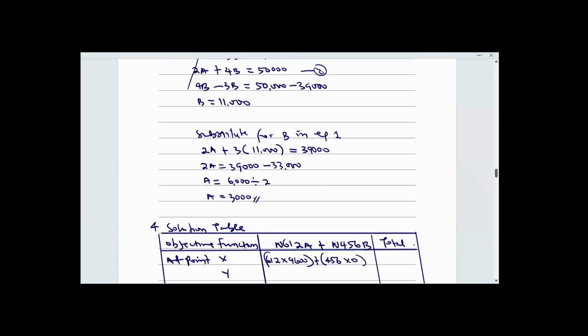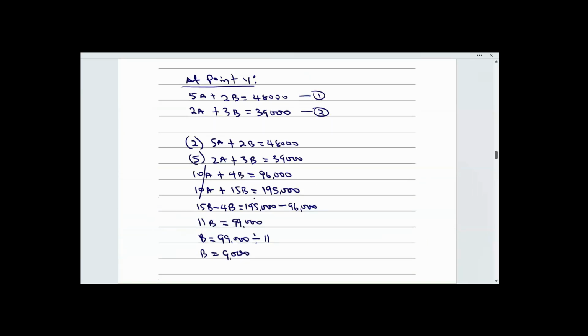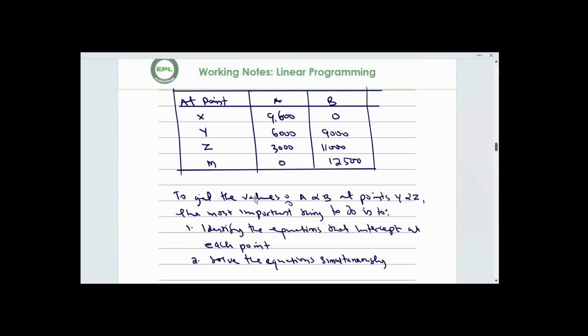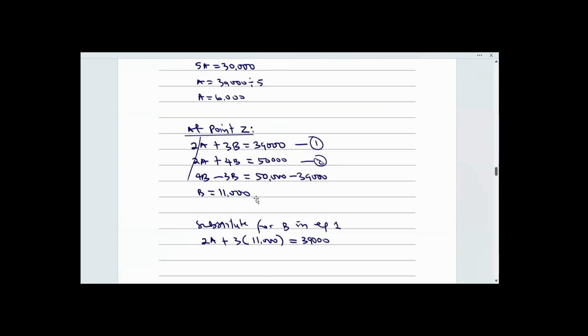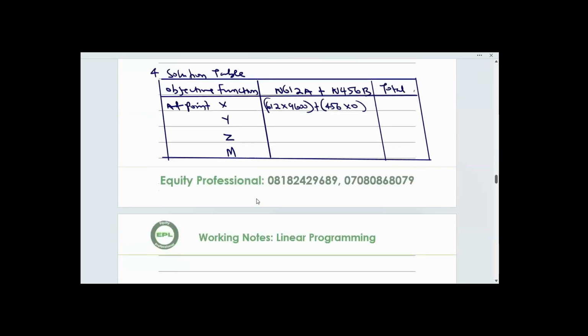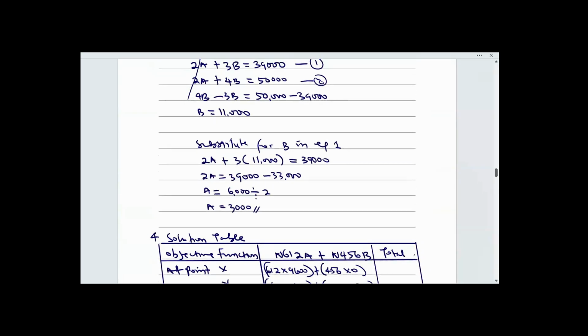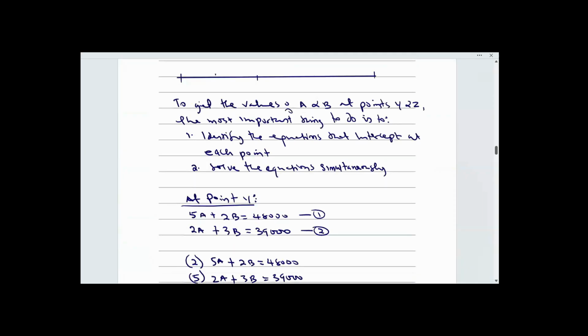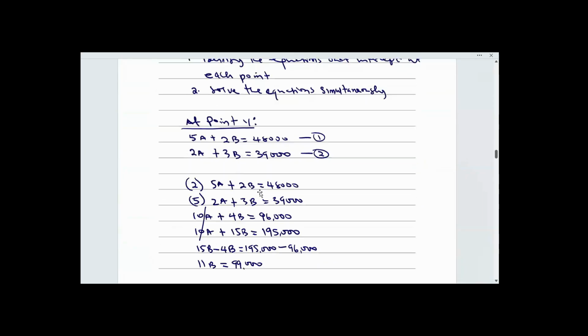At point Y, 6,000, then 9,000. So here will be 612 multiplied by 6,000 plus 456 multiplied by 9,000. At point Z, 3,000, 11,000.